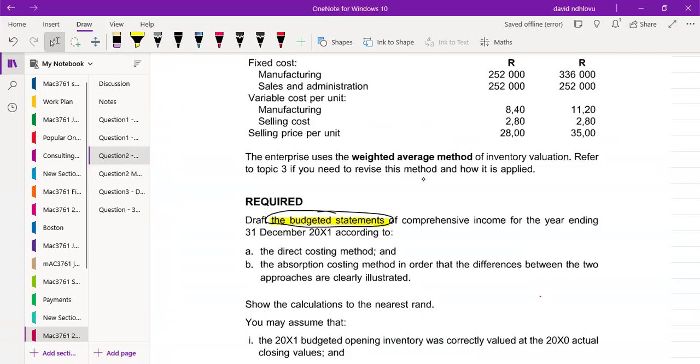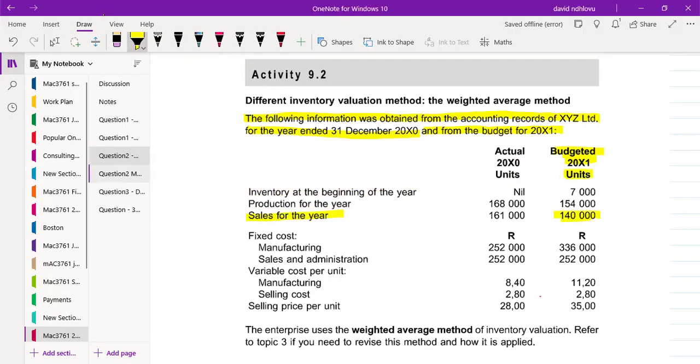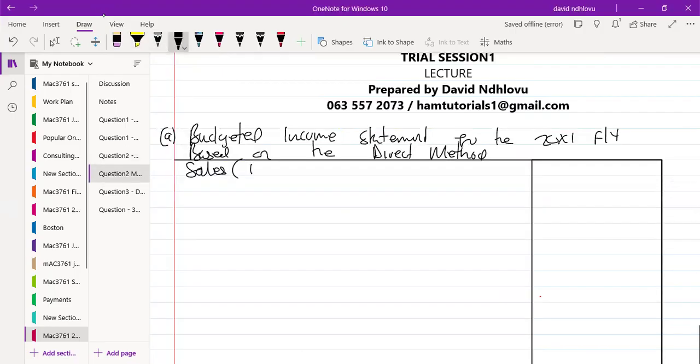On the sales, it's always very simple. You need to determine the number of units that have been sold. When we go to the budget, because we are creating a budget statement here, we go to the sales for the year. We see that we sold 140,000 units. So therefore, we'll have 140,000 units.